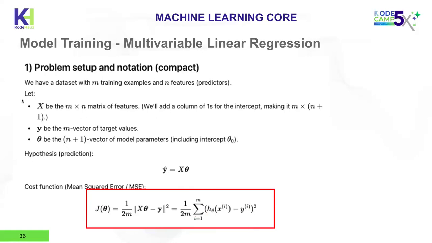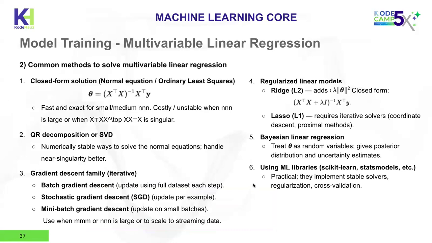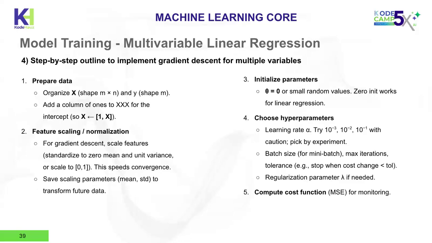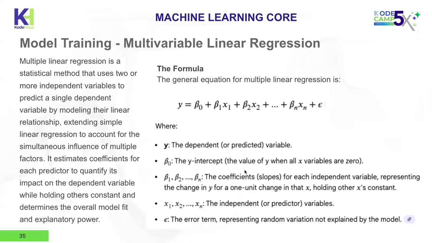So I want to take this step by step. It's not really difficult, right? It's just mathematical notation that makes it look like it is difficult. So I'm really just going to make this very, very simple, right? So let's go to our Jupyter Notebook and I can show you how this works.